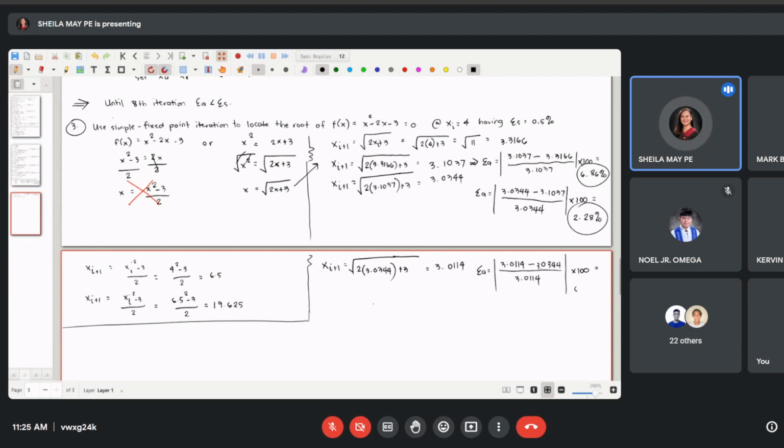So that's 0.76%. Okay, and our goal is less than 0.5%. So we are on our fifth iteration.